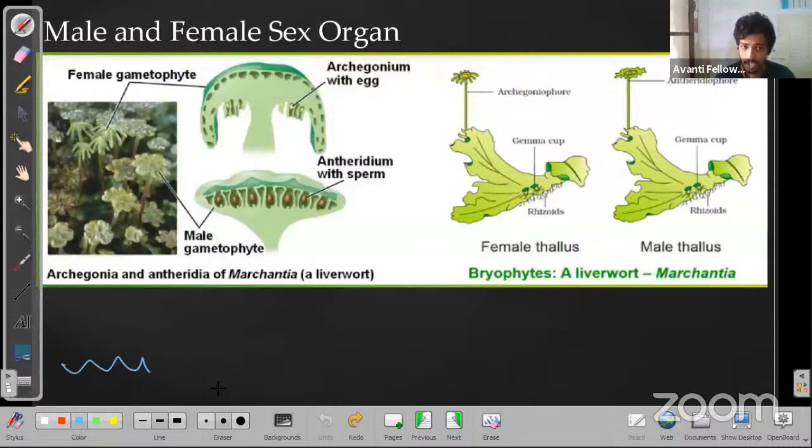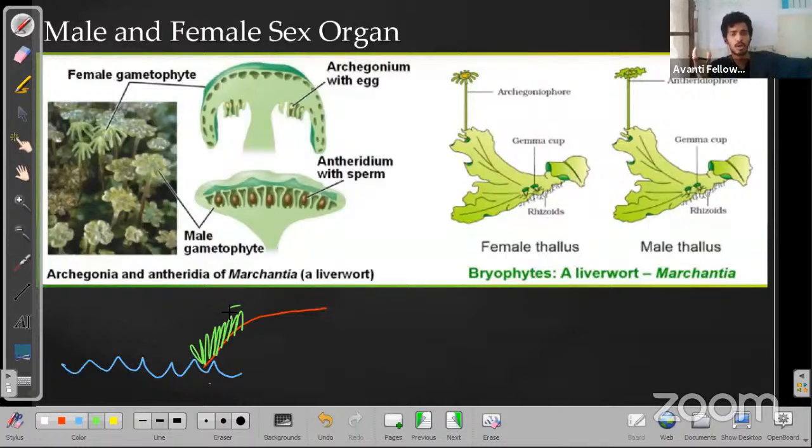Look, they need water. If the water is like that and the land is in this way, these organisms can be present here and can grow only to a very small extent. Don't think that this will grow up to very large structures. It can't happen. Because these are very small in structure, the water can travel from here to here without the need of any conductive materials.